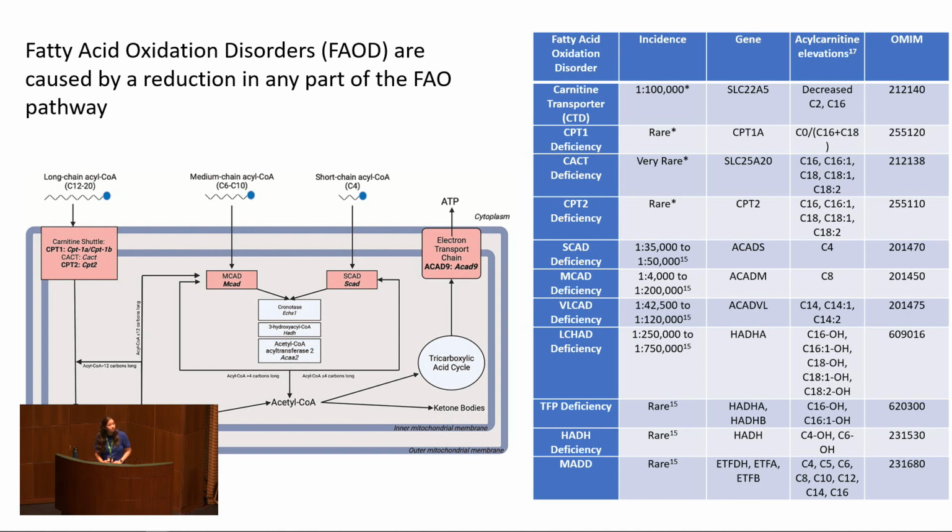And something that will be important later on is that these disorders result in acylcarnitine profile alterations. If you can see on the graph in the 4th column, each disorder has its own unique acylcarnitine profile, and this is important because they serve as biochemical markers for each disorder and can be used for diagnosis.